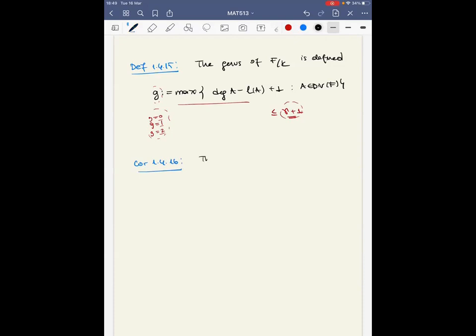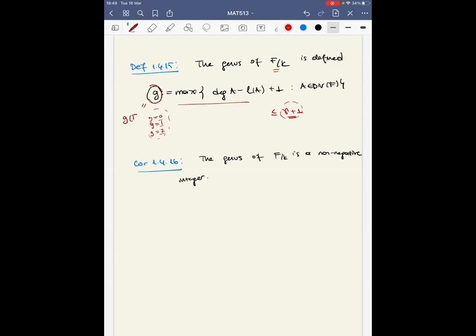The first one, this quantity is a non-negative integer, and I'm sorry I forgot to say that this quantity also depends on the function field.